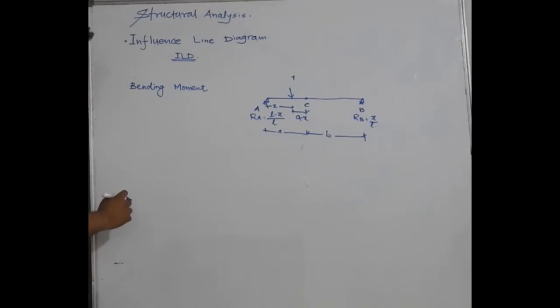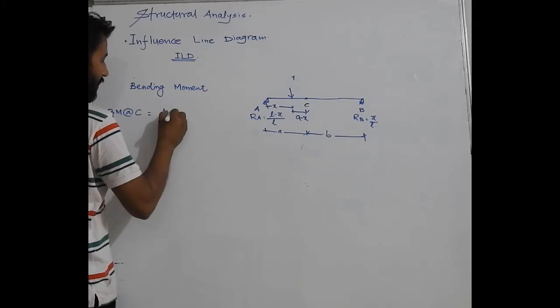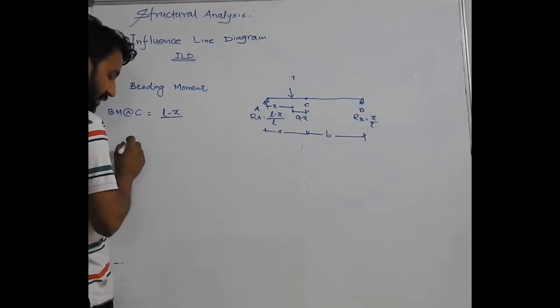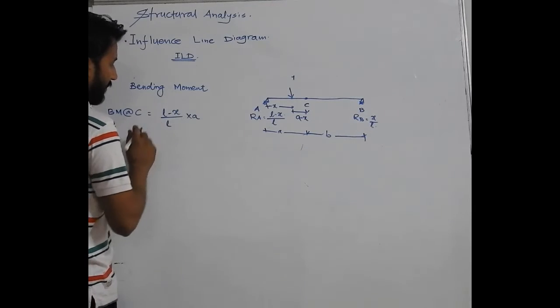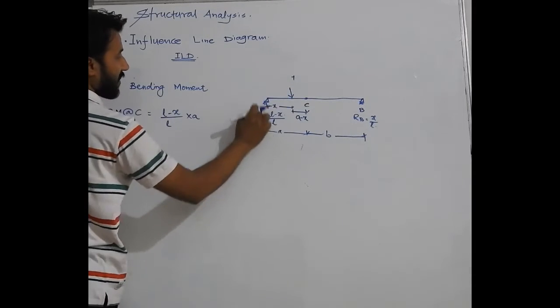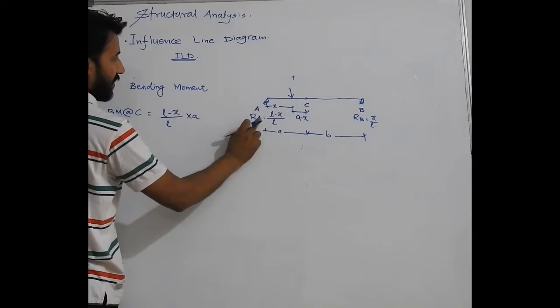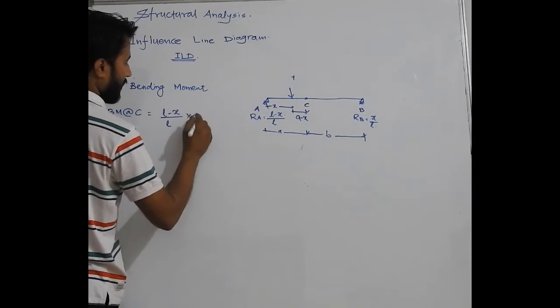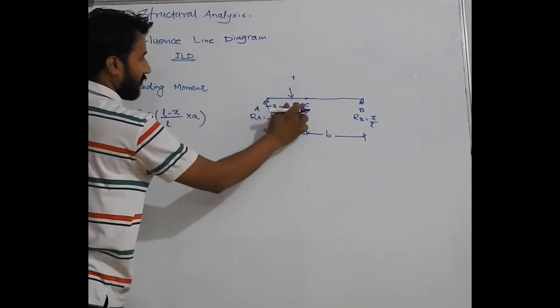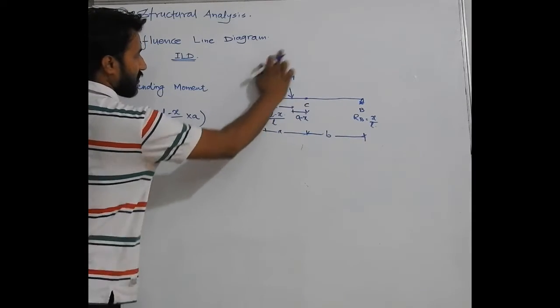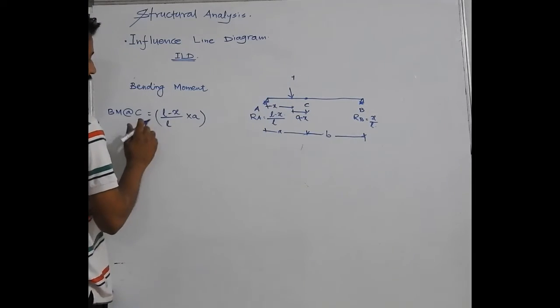Now to calculate the maximum bending moment, we will take the bending moment at C. The bending moment at C is L minus X divided by L, into A. This will be positive because the rotation is clockwise, as we are taking the bending moment about C, so this will be plus.